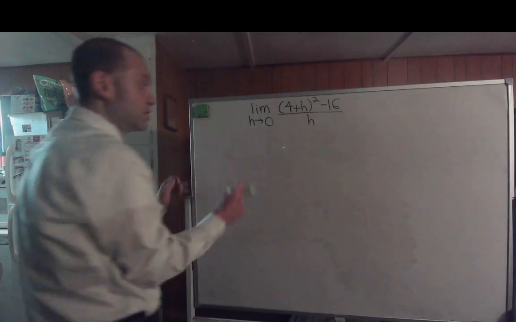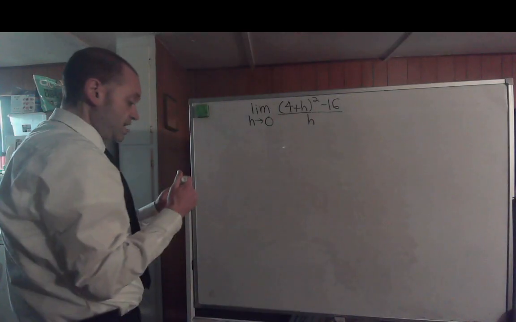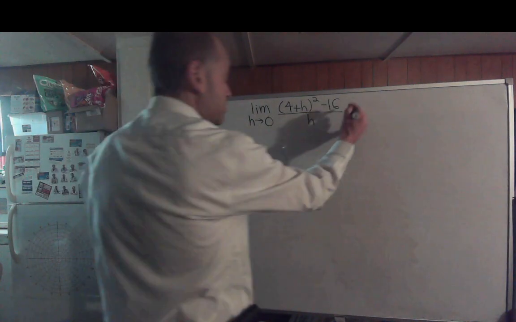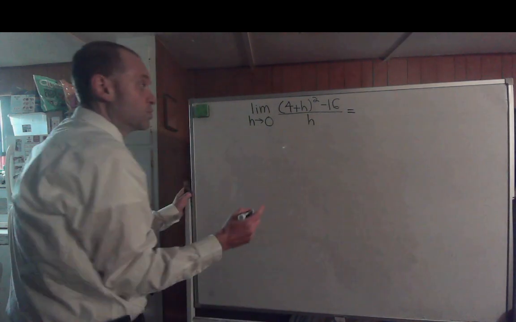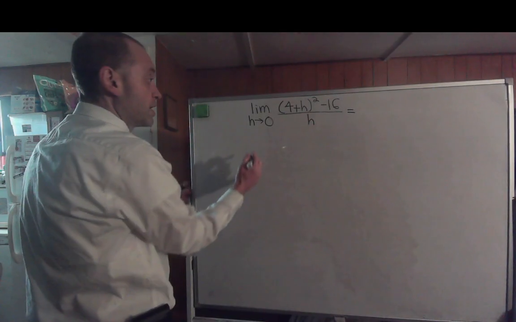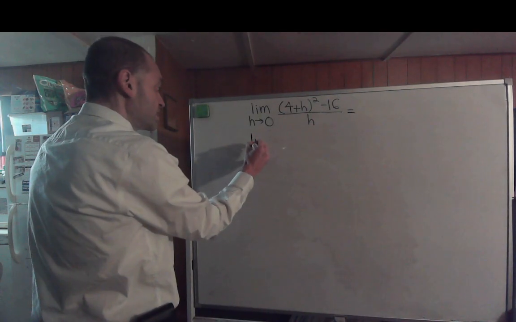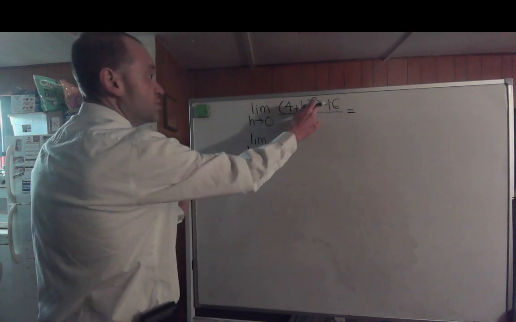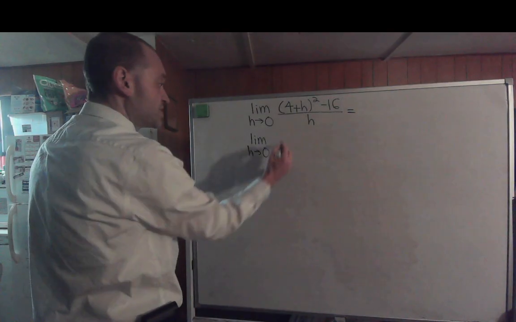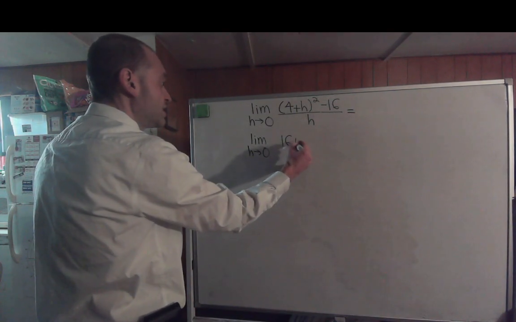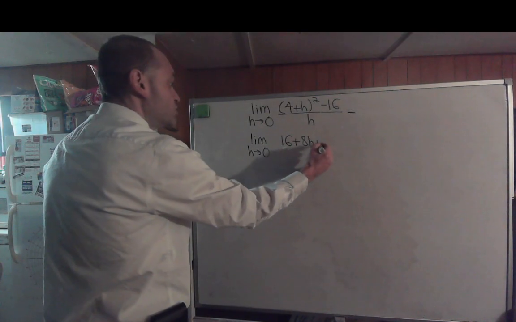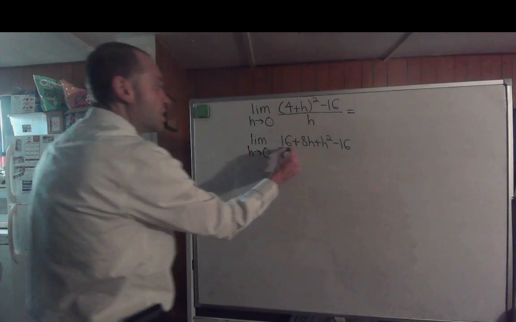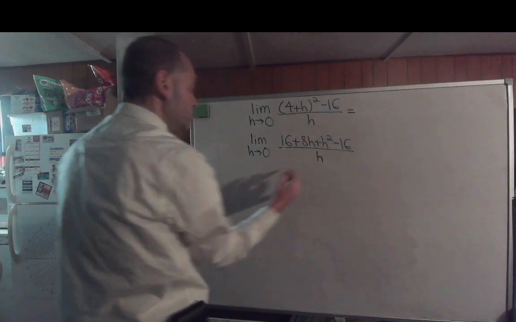So we know if we do a direct substitution at h equals 0, we'll get a denominator of 0. That's definitely not going to work. So we need to expand out the numerator. So this will turn into the limit as h approaches 0 of, take the 4 plus h to the second power, you would get 16 plus 8h plus h squared minus 16, all that divided by h.